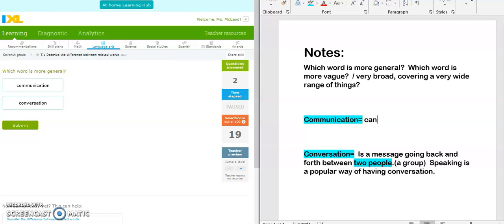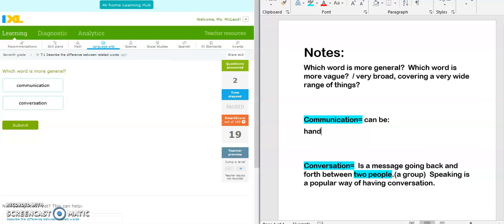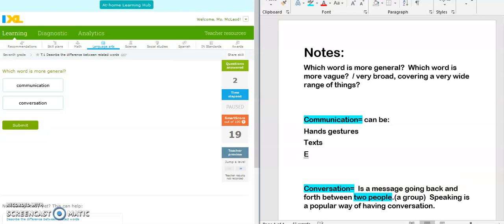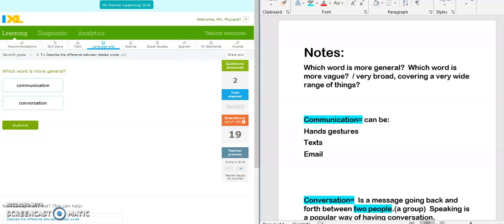It could be hand gestures, texts, emails, phone calls.